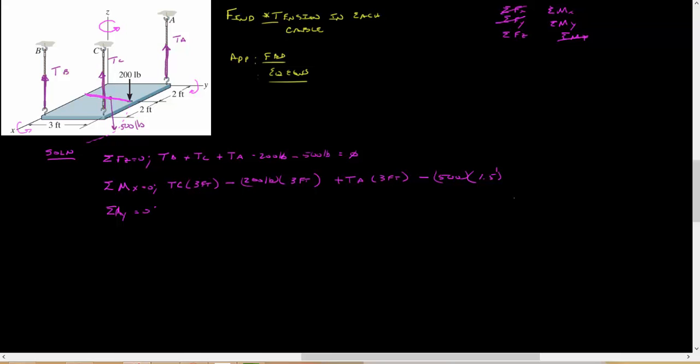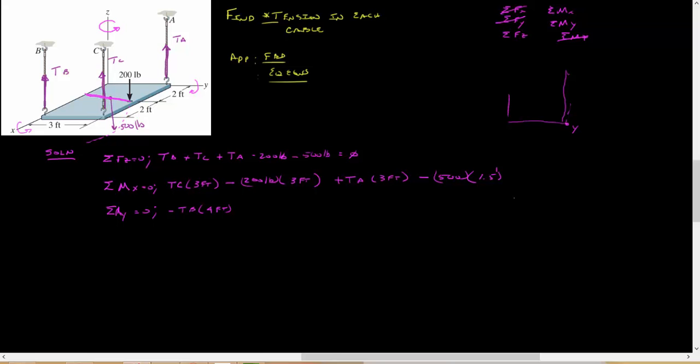If I sum my moment about the y-axis, I'm going to get negative TB times 4 feet. So I go from here all the way to here. There's my TB, and it is rotating clockwise around the y-axis. So if you spun it, this would be your point y, and y is going into the board. And then you'd have your z-axis here, and your x-axis here.